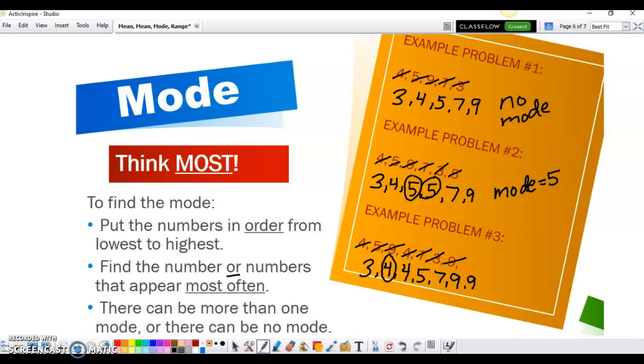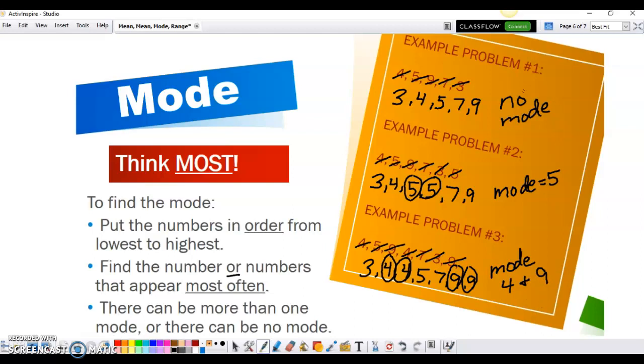So I've got 4 that occurs twice, and I've got 9 that also appears twice. And since these two numbers appear more often than the other ones, your mode is actually going to be 4 and 9. So this one has 2 modes.